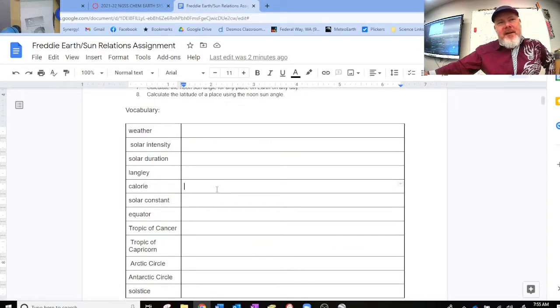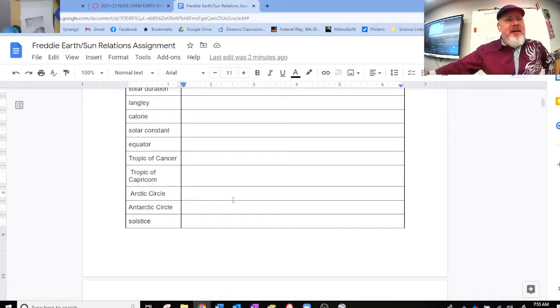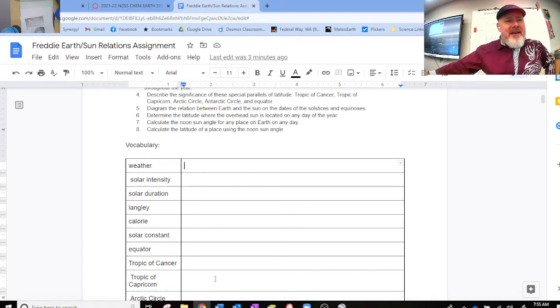You could do this on the internet. You could look up the word weather on the internet. That's pretty obvious. Do a little Google search and say, hey, what is a Langley? What is a calorie? What is a solar constant? The thing about it is calorie sometimes is referred to as something that's in food, and in science is considered how much energy an object has in it.